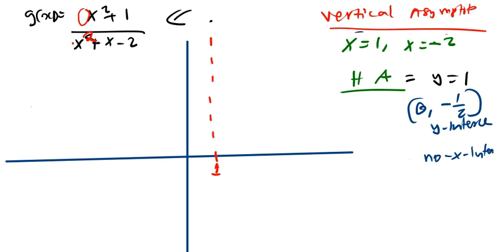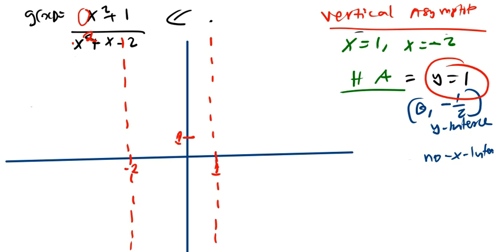You put a dotted line at x is equal to 1. At x is equal to -2, you also put a dotted line cutting that point. Then y is equal to 1. When y is 1, again, you need to cut like that.